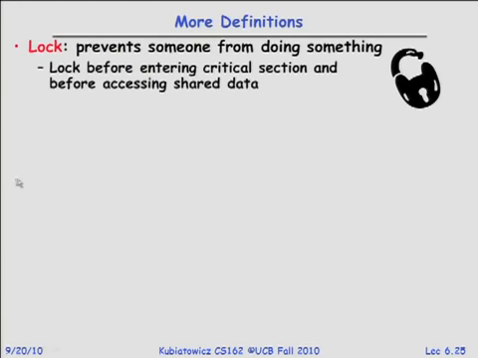So what we're going to do is lock before entering a critical section and before accessing shared data, and then we'll unlock when we're done. By doing that, the shared data will be protected so that only one thread can mess with the shared data at once.